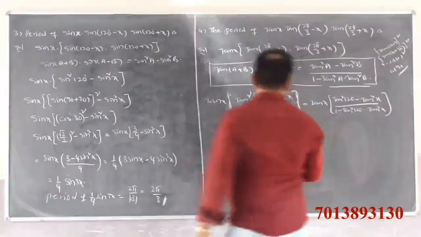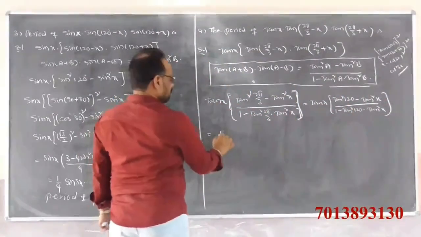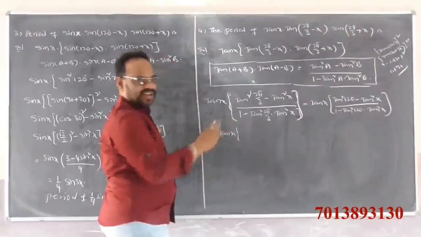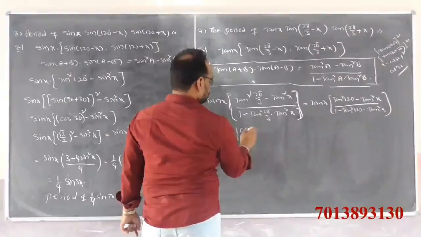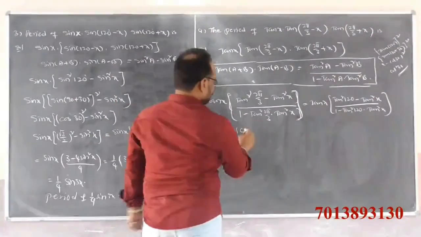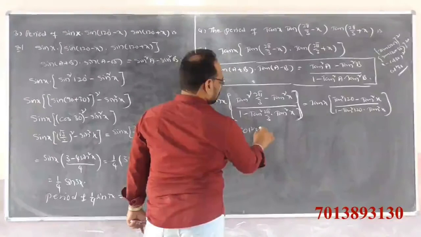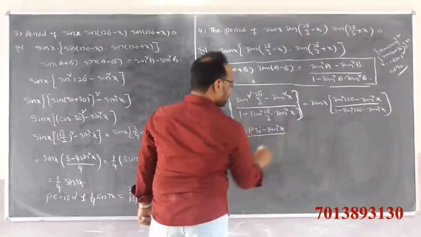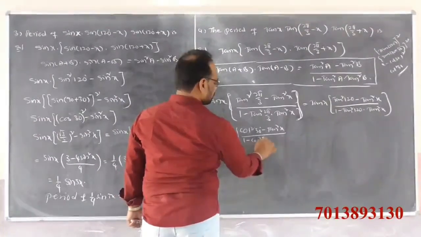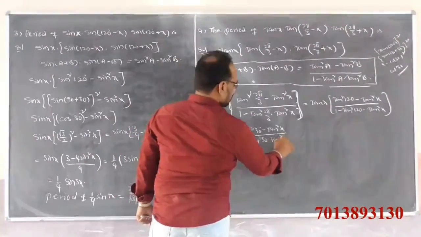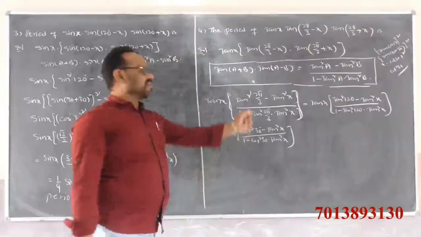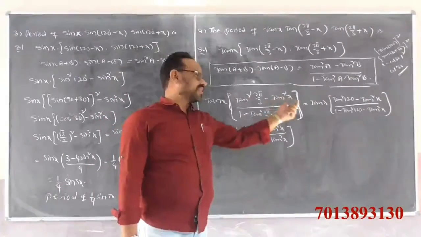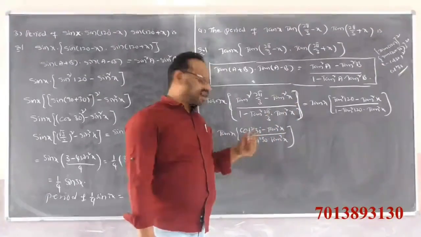So tan x into tan square 120 can be written as cot square 30 degrees minus tan square x by 1 minus cot square 30 into tan square x. Tan square 120 value is the same as cot square 30.